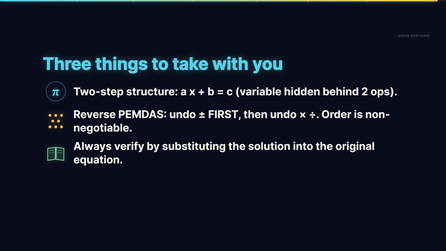The reverse PEMDAS rule and the both sides discipline together form the entire mechanical core of linear equation solving across the rest of the algebra course and well into the harder solving techniques of Section 11 on quadratic equations and beyond.